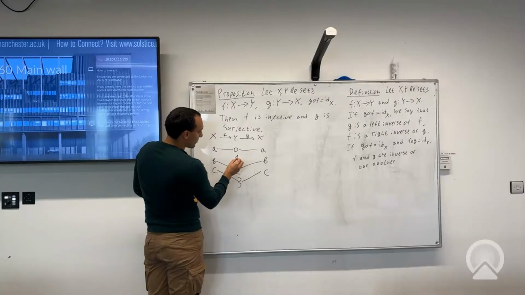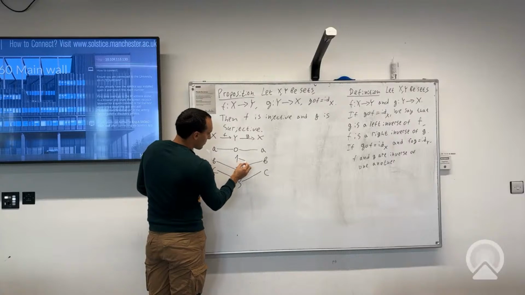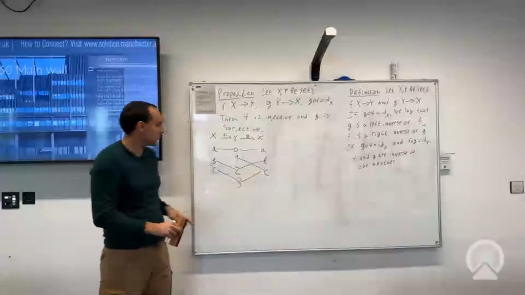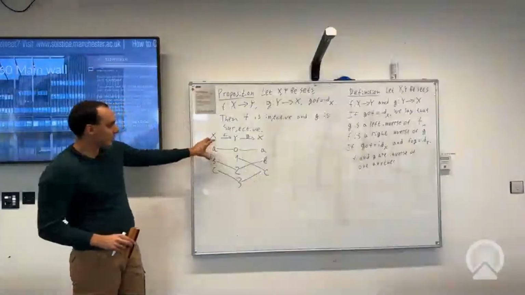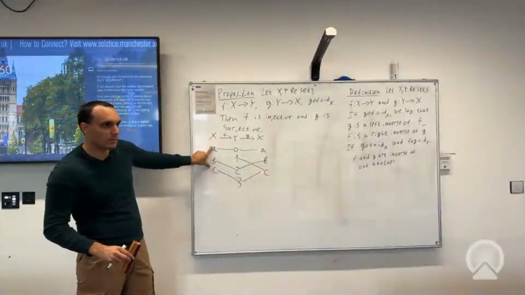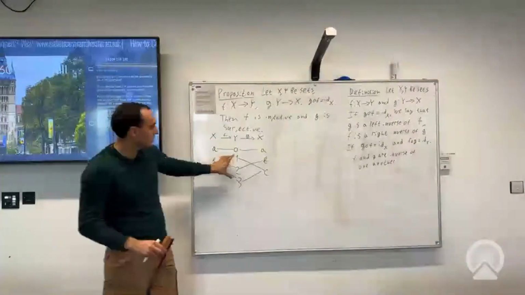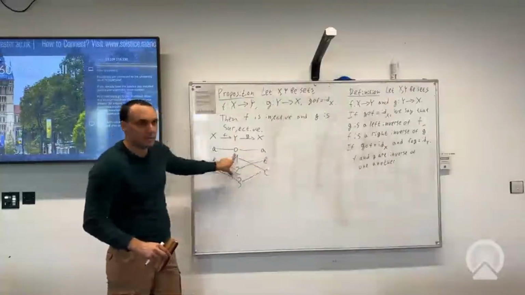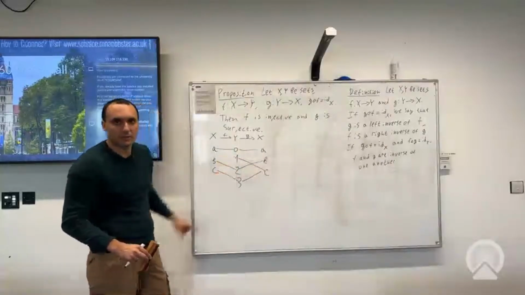It doesn't matter. And in this diagram, you see that the function F is injective, and all the values map to different elements. And G is surjective. Right?